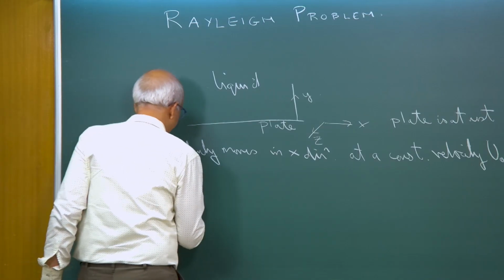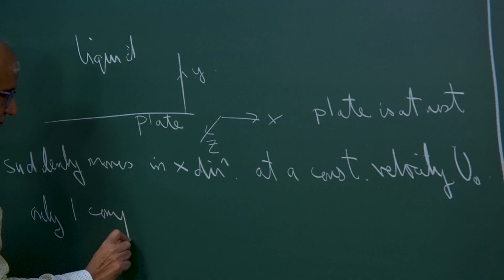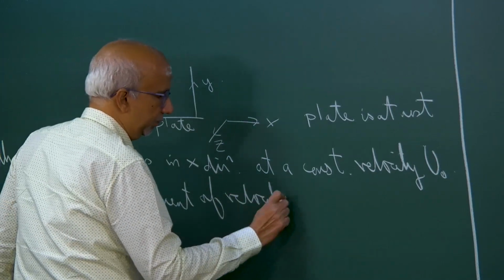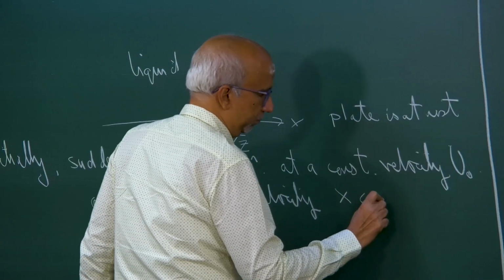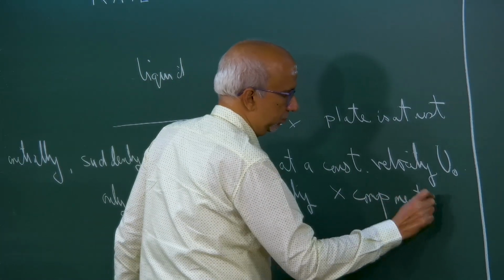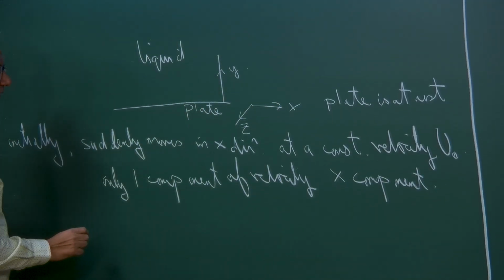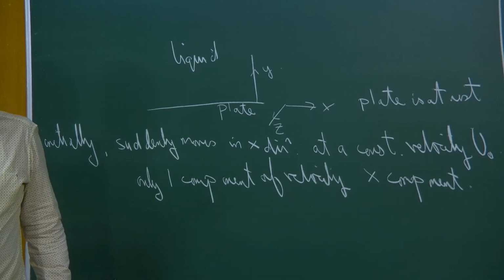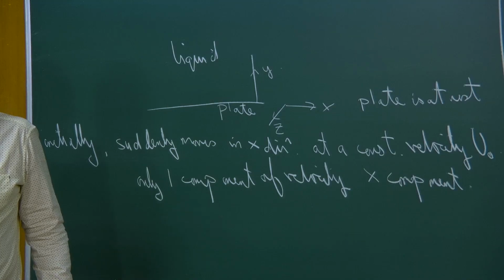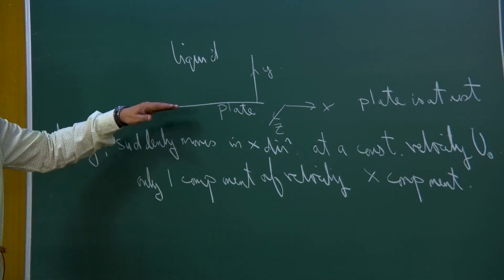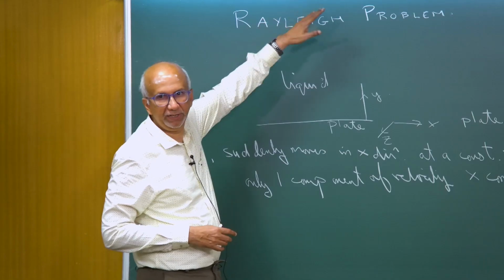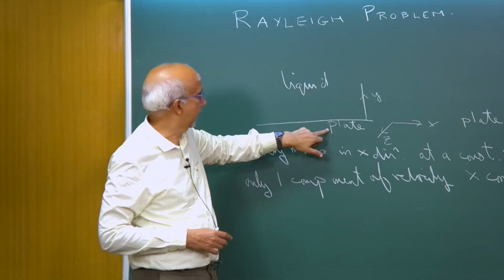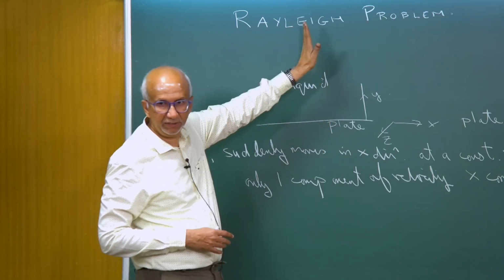So, only one component of velocity, that is the x component, okay, and because it is extending to infinity in the z and x direction, there will be no variation in those directions, but there will be variation in the y direction. The y direction goes to infinity, far away the liquid is stationary, velocity is going to be 0 here, velocity is going to be u naught here at the plate. So, there is going to be variation in the y direction.